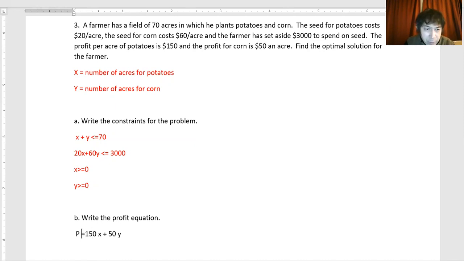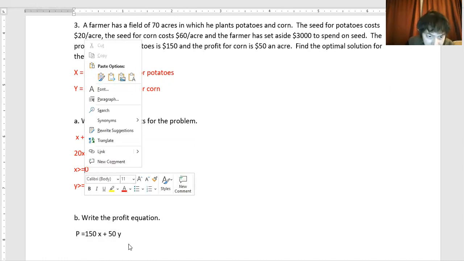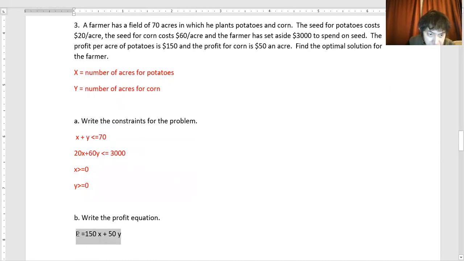And so this will be our profit equation. This equation is different from the inequality, and so this will be red. Let me change its color.